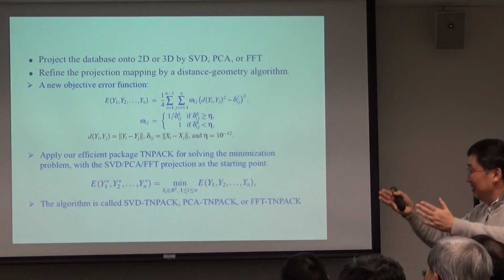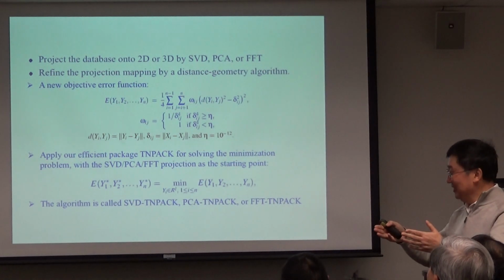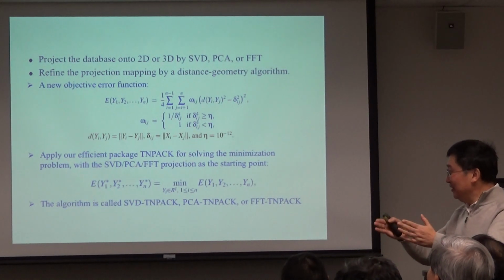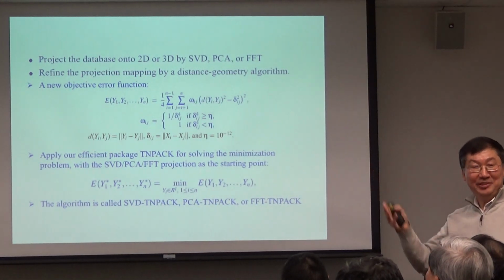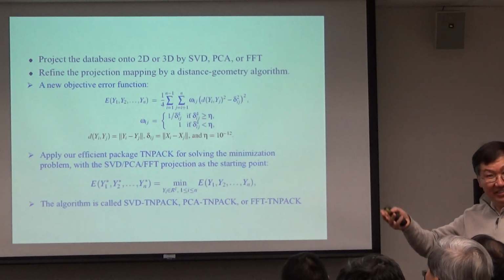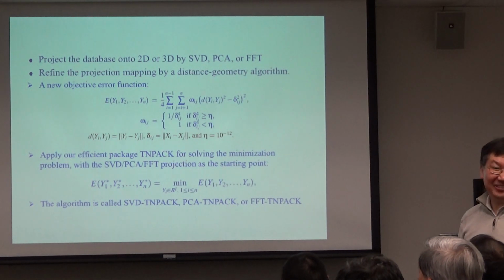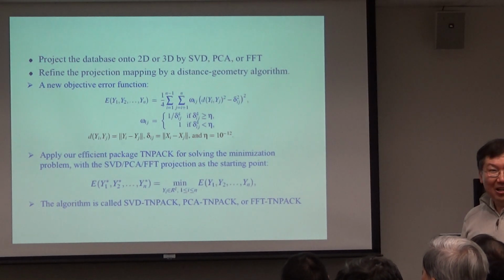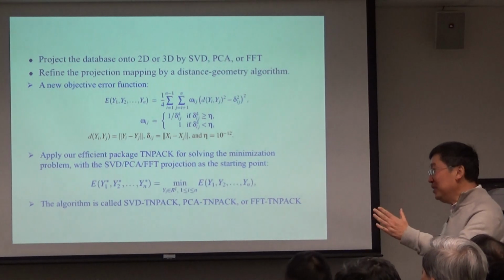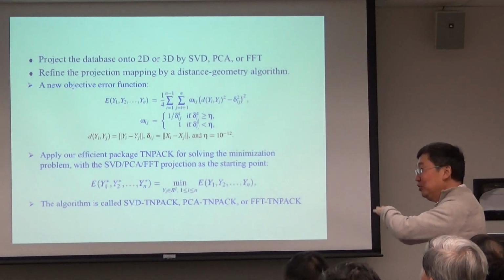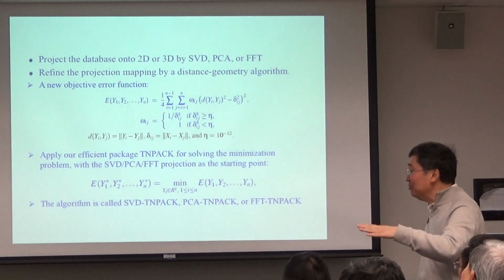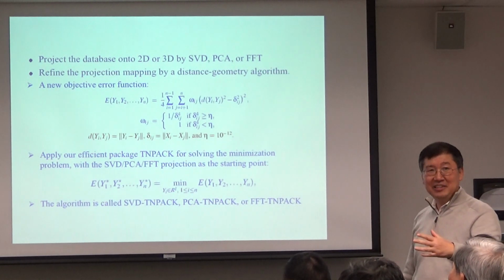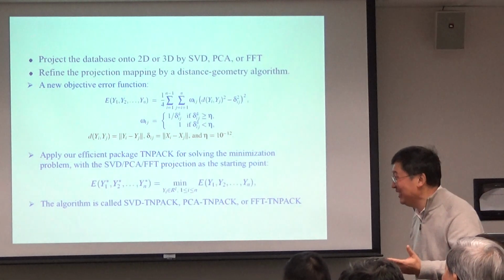And mathematically it has been proved that such a mapping is optimal among all the matrices in the Euclidean distance. Because of that proof, when people use SVD for such mapping, they don't really think about improving it further, because they think this is already the optimal projection.